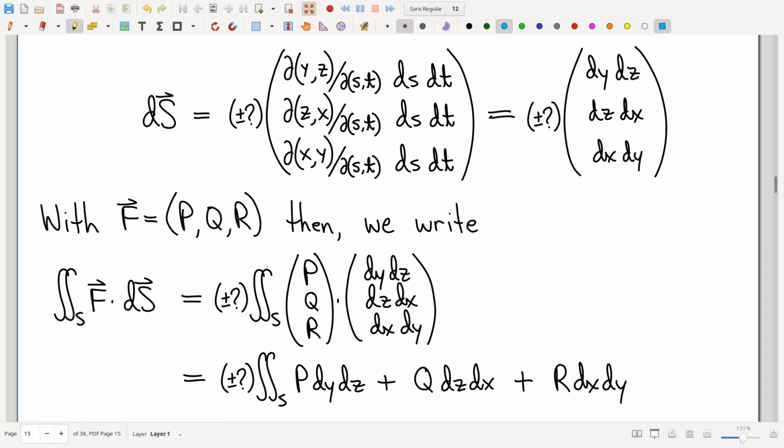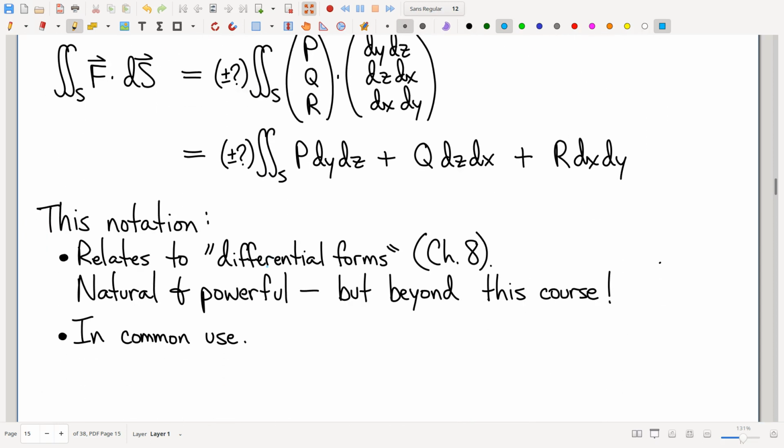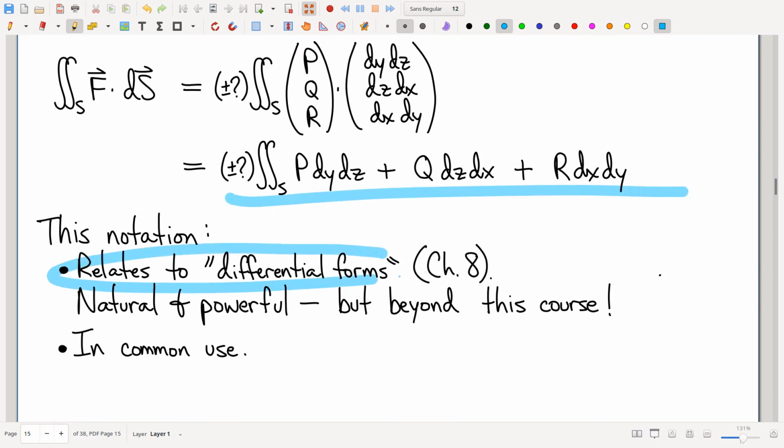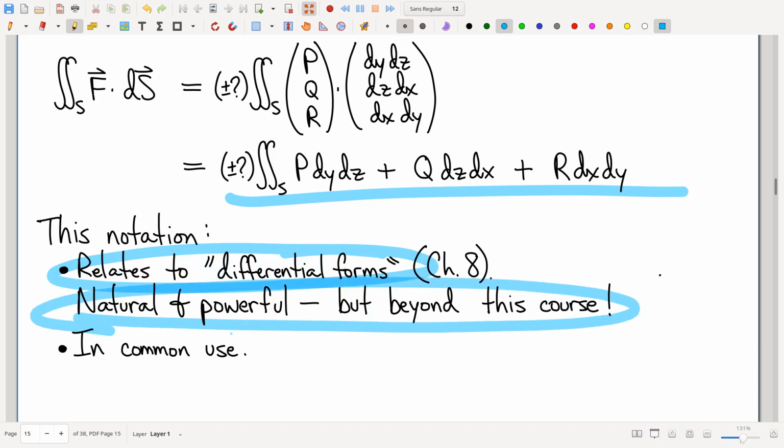Well, it turns out there's some good reasons. They don't really apply in Math219 very much. But this kind of notation, this is what differential forms look like. Integrals of differential forms look like this. And that's important because integrals of differential forms are super powerful. Extremely good. I mean, you can prove theorems with them that eluded the great 19th century mathematicians.